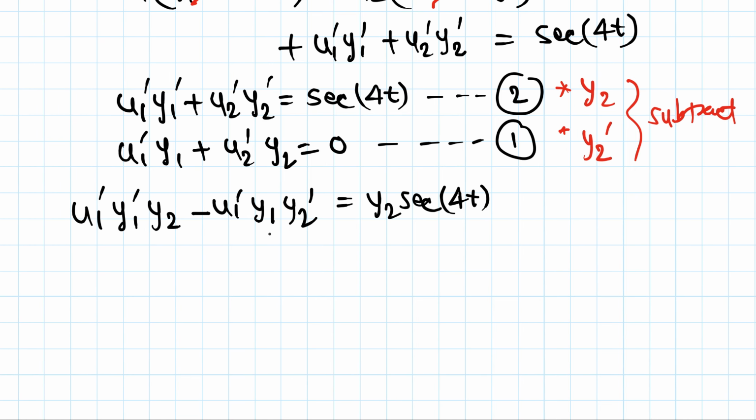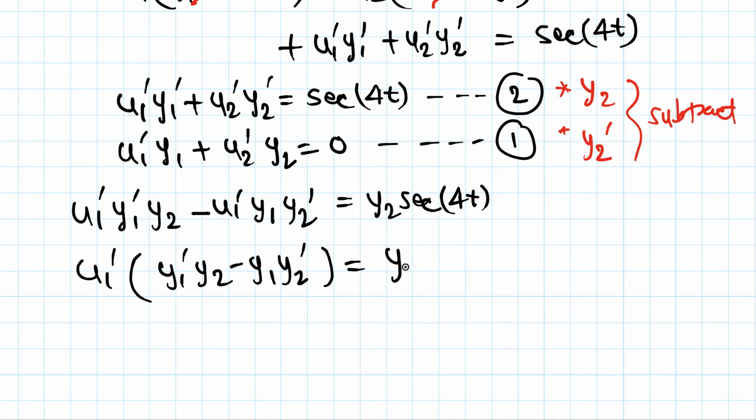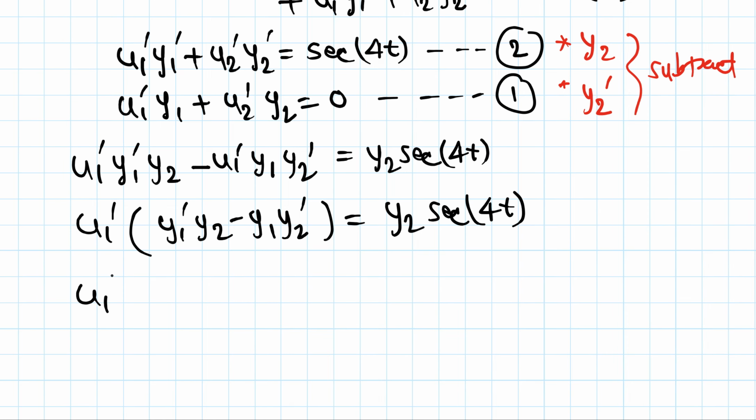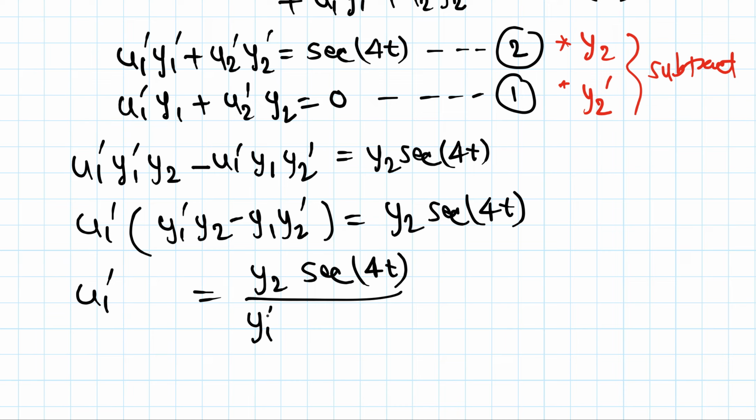Now look here, we can factor u1 prime, that leaves y1 prime y2 minus y1 y2 prime equals y2 secant 4t. Then u1 prime is in fact y2 secant 4t over y1 prime y2 minus y1 y2 prime.